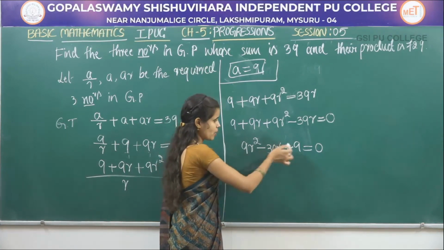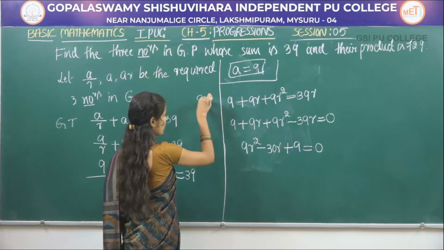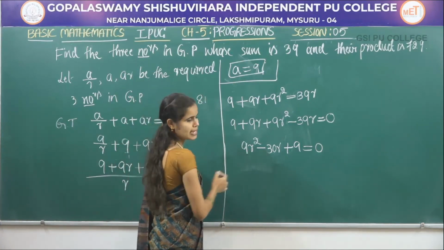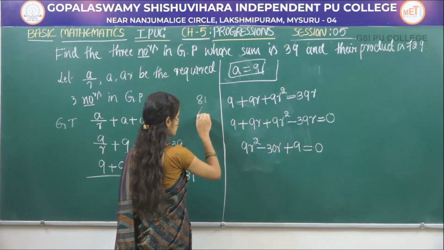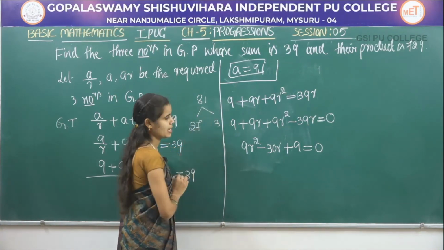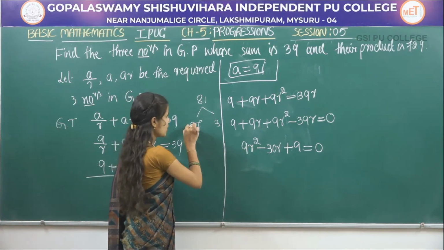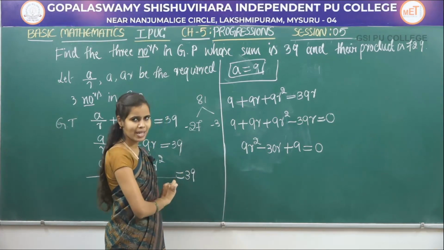Here the product is 9 into 9, so 81. We want two terms whose product is 81 and whose sum is minus 30. So consider the numbers 27 and 3: 27 into 3 is 81. We want minus 30, so consider minus 27 and minus 3.